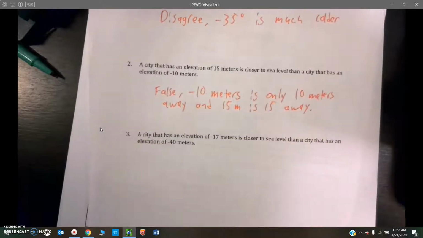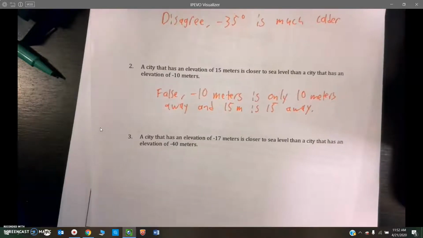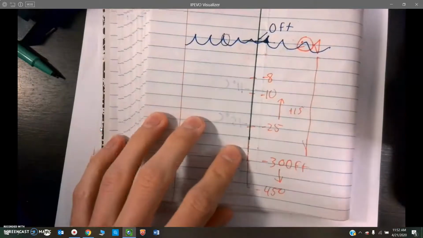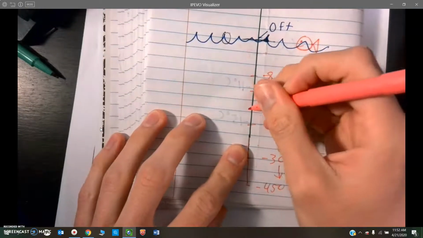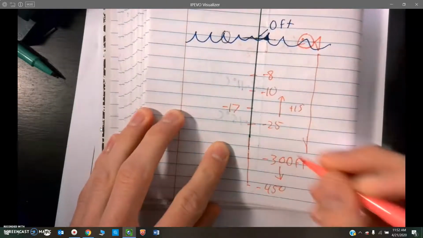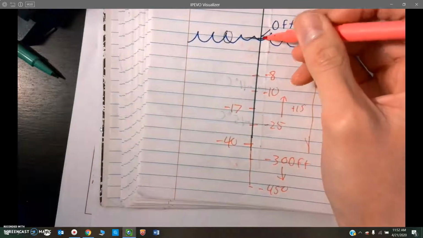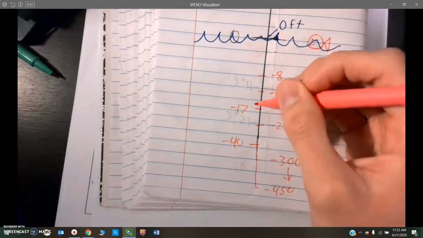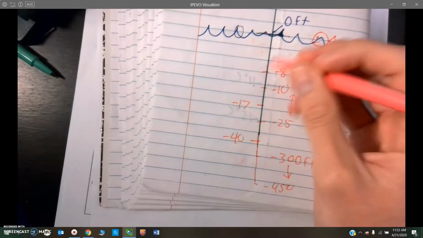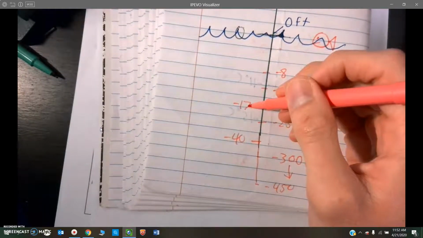And now a city that has an elevation of negative 17 meters is closer to sea level than a city that has an elevation of negative 40. So once again, if we look here, negative 17 would be here, and negative 40 would be down here. If we're looking at sea level, and I swam down 17 feet, I would be 17 feet below the surface, negative 17.